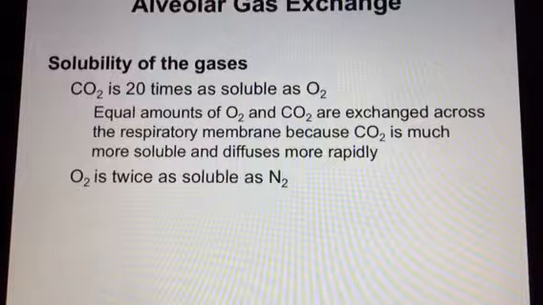Carbon dioxide is much more soluble than oxygen, and so it is able to diffuse much more rapidly than oxygen. But again, they're not depending on each other. The oxygen can go slow and steady.